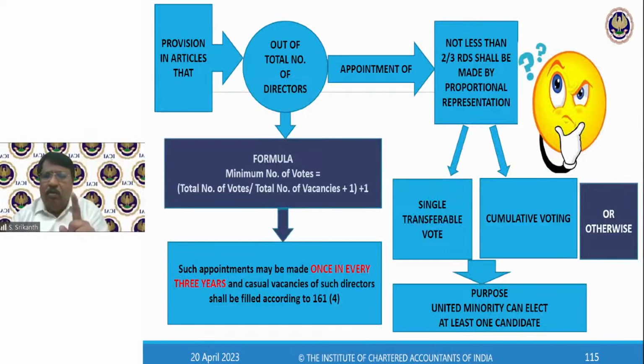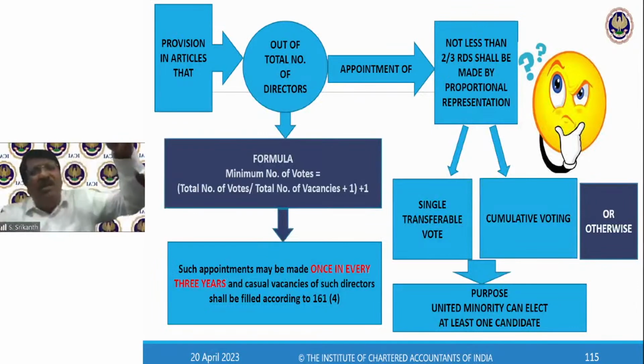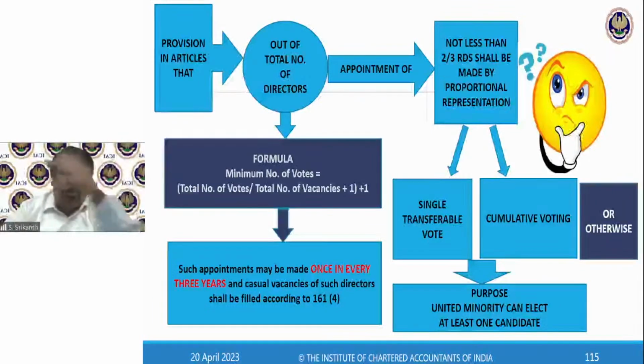Each person will get, suppose I have 100 votes, 100 into 3, 300 votes. I can give first preference, second preference, third preference. So I may be voting for so-and-so, but I say my second preference is so-and-so. Then based on that, there is a very, very complicated calculation for rejecting and all that. Our institute's council elections happen in this way.